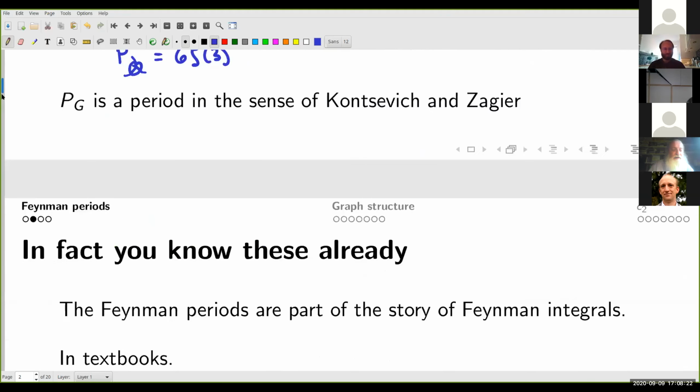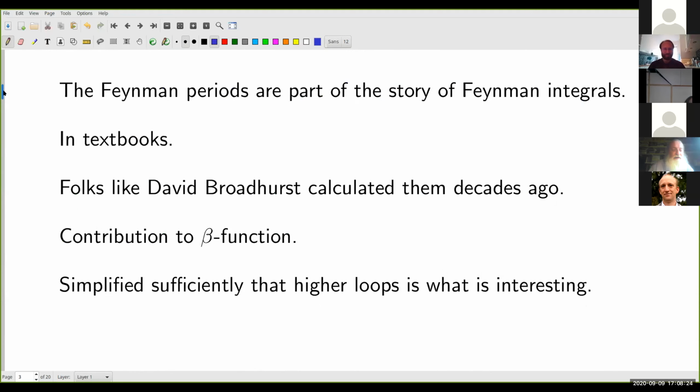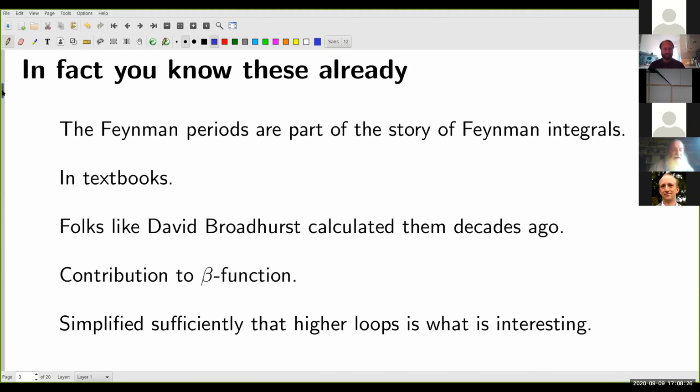Why are we talking about this thing? Or you might say, okay, it's really time to go have a coffee. For me, it's almost time for lunch. Because in fact, we already know these things. They're part of the story of Feynman integrals. Why are they part of the story?